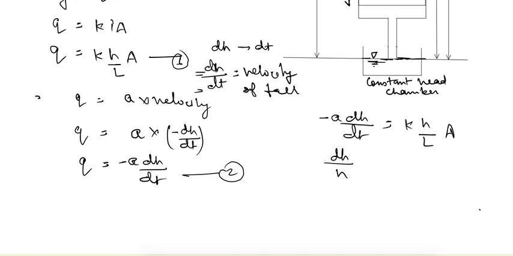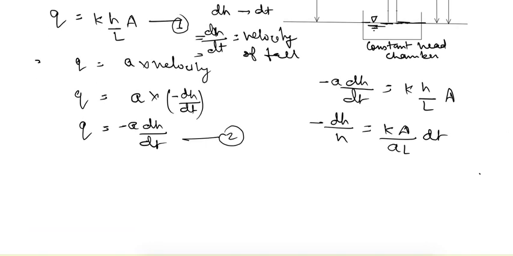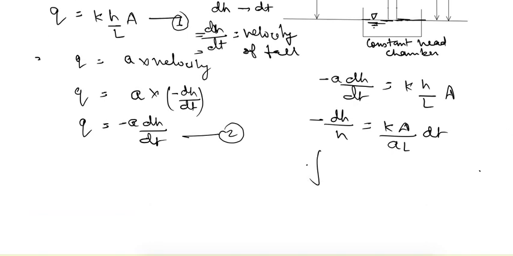dh upon h will be equal to k A upon small a times L, this minus, into dt. Now if we integrate both sides, minus dh upon h equal to kA upon aL dt.